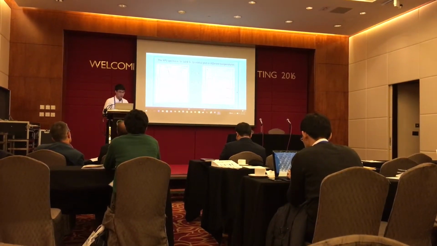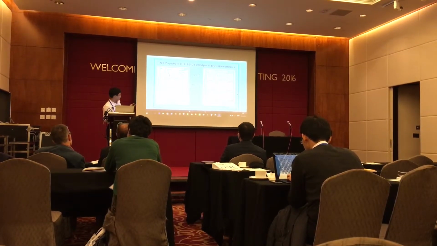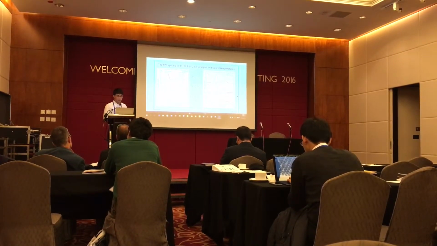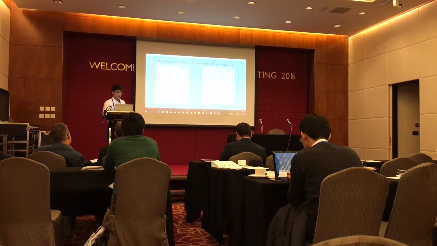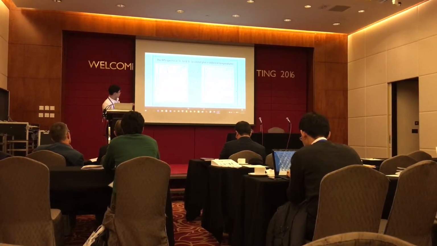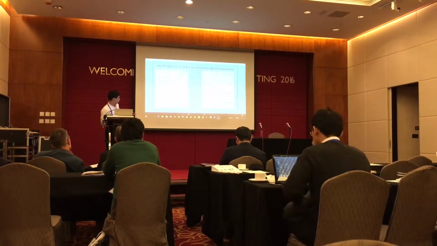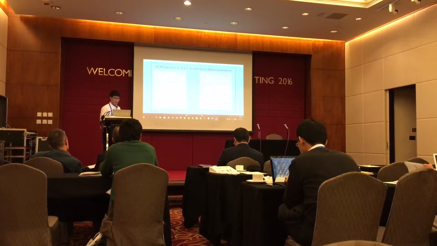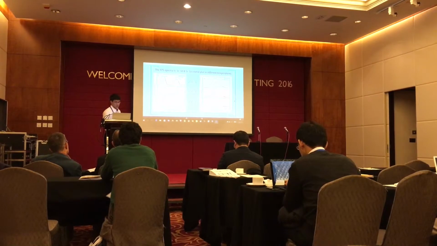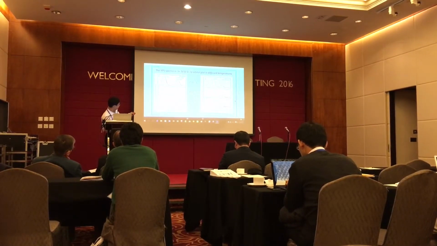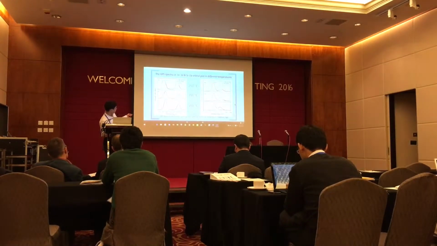The XPS spectra in indium 3d and silicon 2p orbitals. The signal of indium nitride binding is getting lower when substrate temperature is relatively high. This is the indium nitride signal.